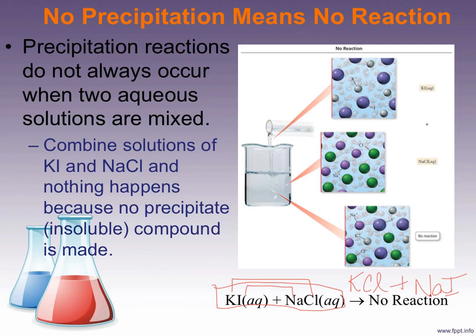If you look up the solubility for both these potential products, they're both soluble because they both contain a group 1A cation. So if you mix two ionic compounds together in an attempt to do a double replacement, if all products formed are soluble, that is no reaction.